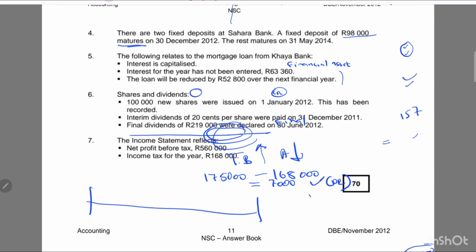If I were to draw my financial year, we all know that our financial year starts in July, August, September, October, November, December, January, February, March, April, May, June.